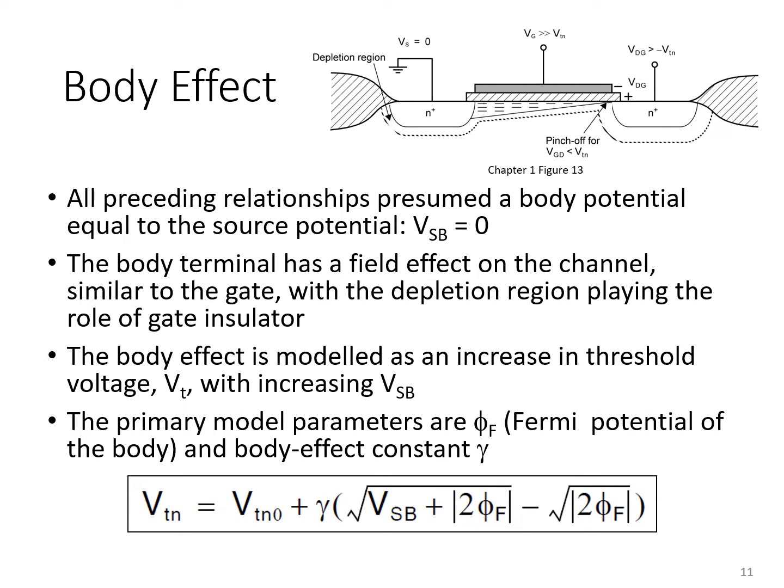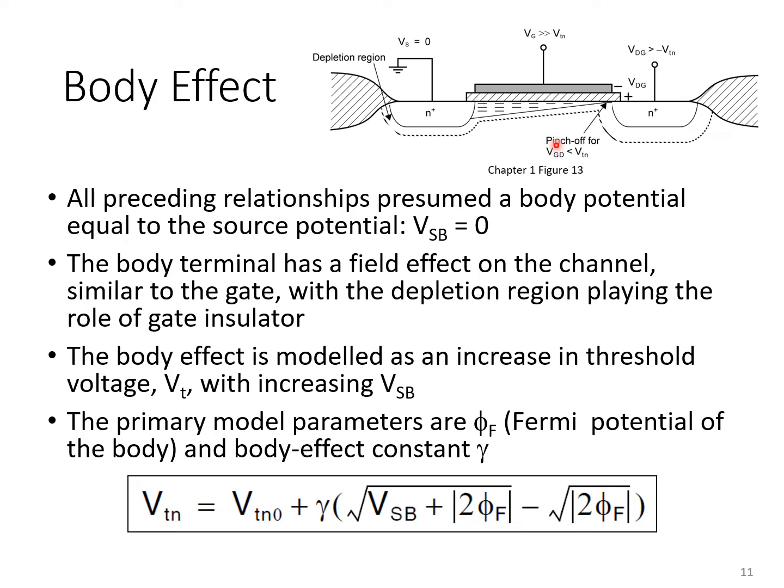Should also remind you of the body effect. So all of these preceding relationships assumed a body potential equal to the source potential. That is, the source body voltage was 0 volts, but that won't always be the case. The body terminal actually can be thought of as a backgate that works on the channel region in a manner very similar to the main gate of the MOSFET.